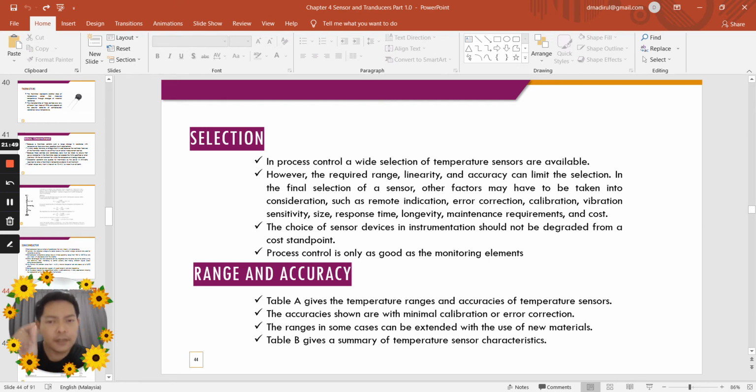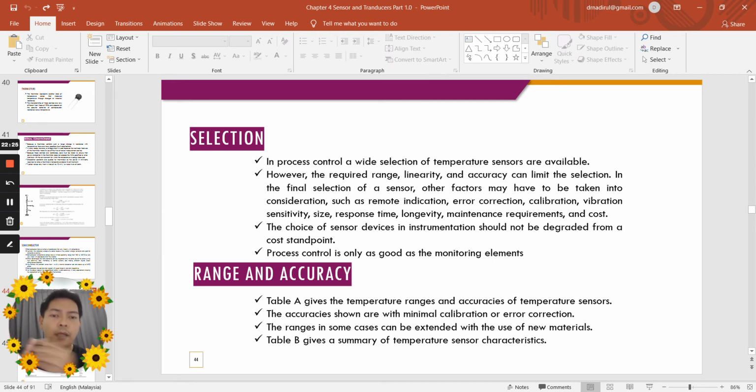In the final selection of a sensor, other factors may have to be taken into consideration, such as remote indication, error correction, calibration, vibration, sensitivity, size, response time, longevity, maintenance requirement, and the critical one, which is cost. The choice of sensor device in an instrument should not be degraded from the cost standpoint. However, cost plays a very vital role when you are choosing the sensor. However, you cannot jeopardize performance and you cannot eliminate it.